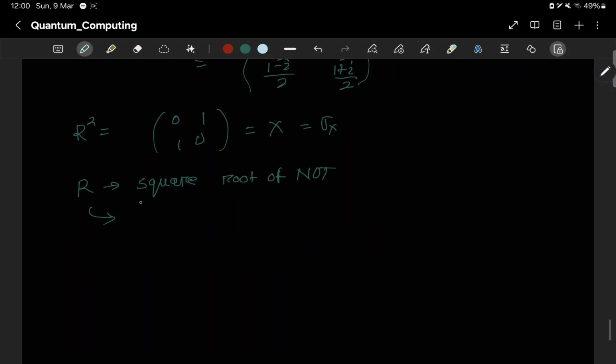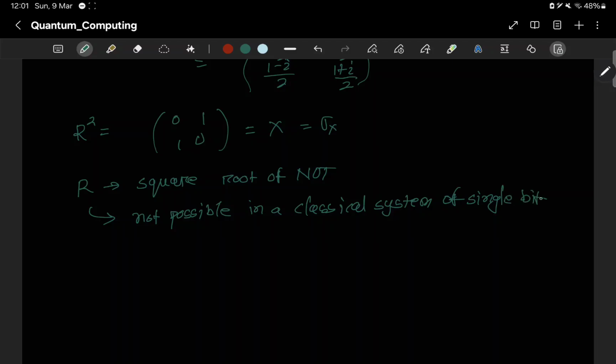This kind of operation is not possible in a classical system of a single bit, but it is possible in a quantum system.